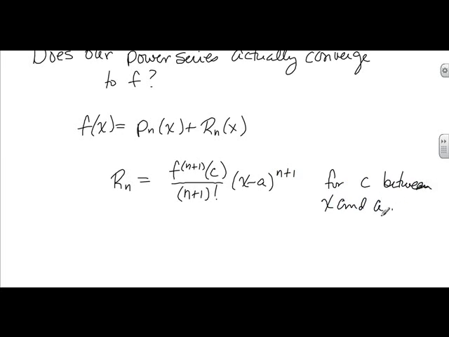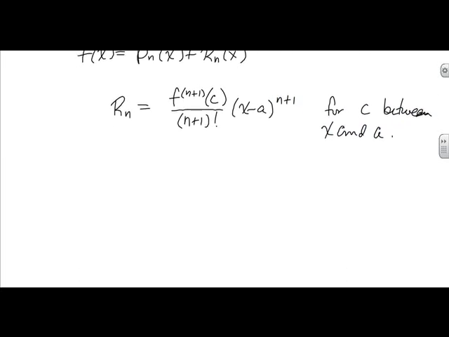Well, for the Taylor series to actually converge, the remainder must approach 0 as n approaches infinity.